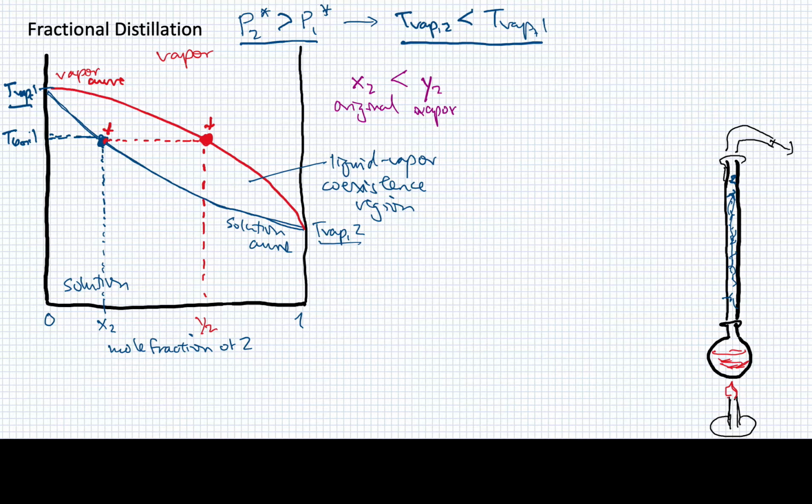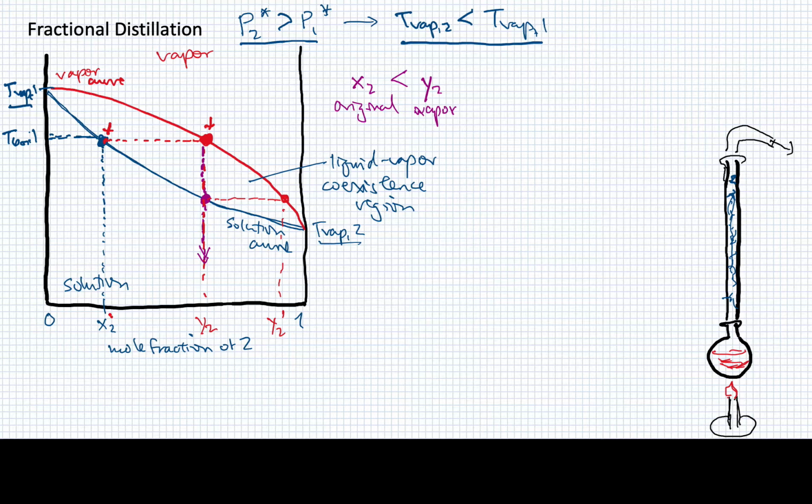But now what I want to do is condense this back down into the liquid phase, so down in here somewhere, and then reboil it so that it's going to boil here. What that will do is now create a vapor that has this composition. And look what we've done in 2 steps. So this is Y2 prime.